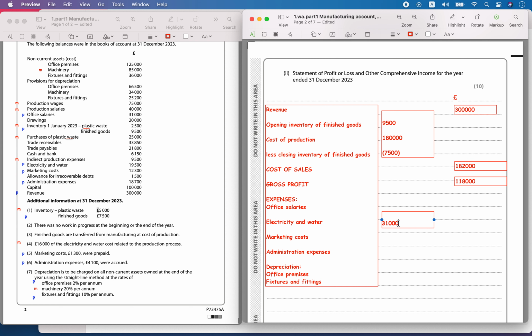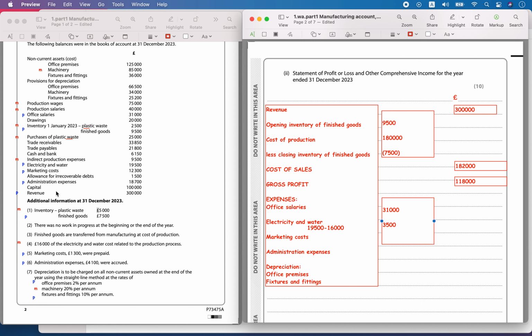Then you have electricity and water. The total is around 19,500 minus 16,000, so that is equal to around 3,500, which is related to profit loss, not related to production.